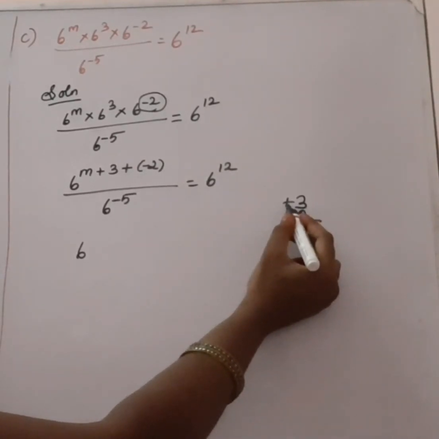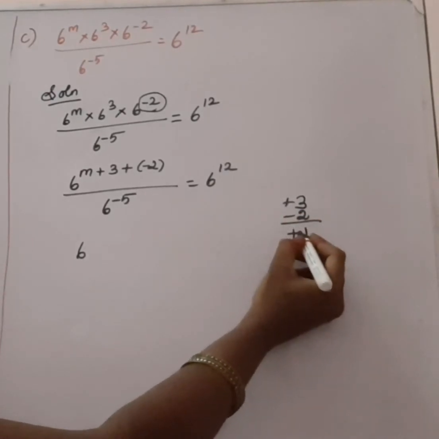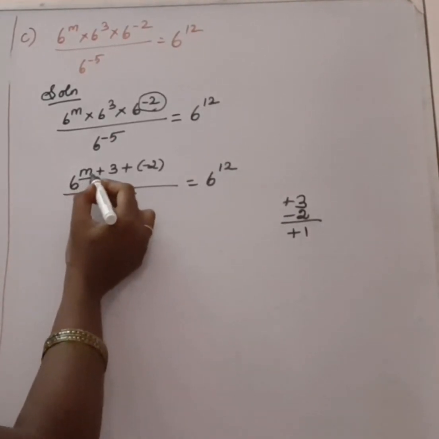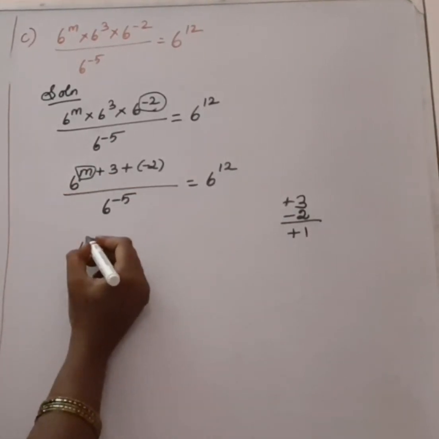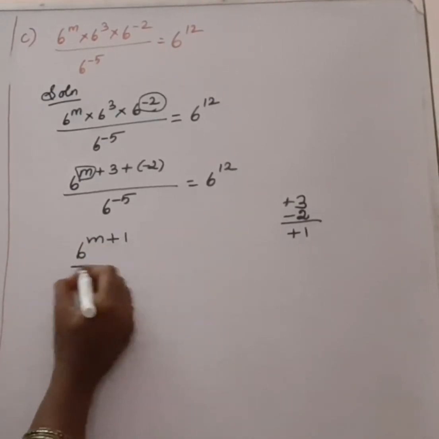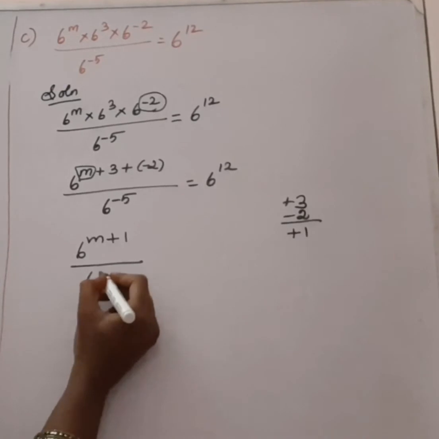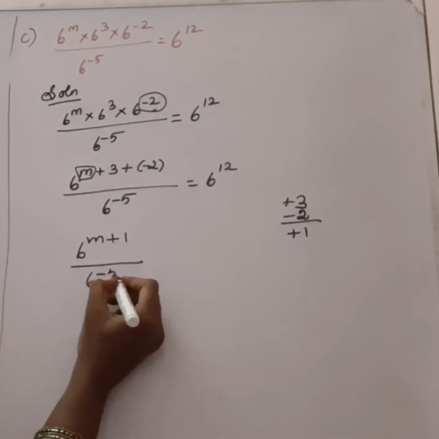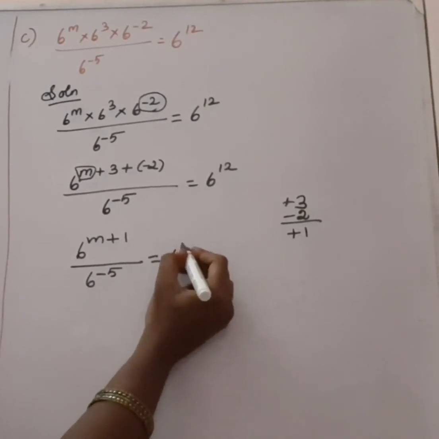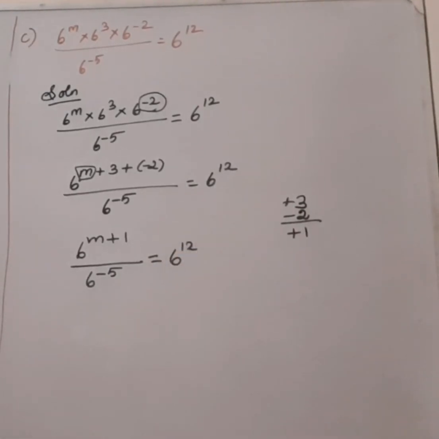The greatest number's sign is positive, so we write it as it is, positive, that is plus 1. So here we have a variable m. So 6 power m plus 1 divided by 6 power minus 5 equal to 6 power 12.